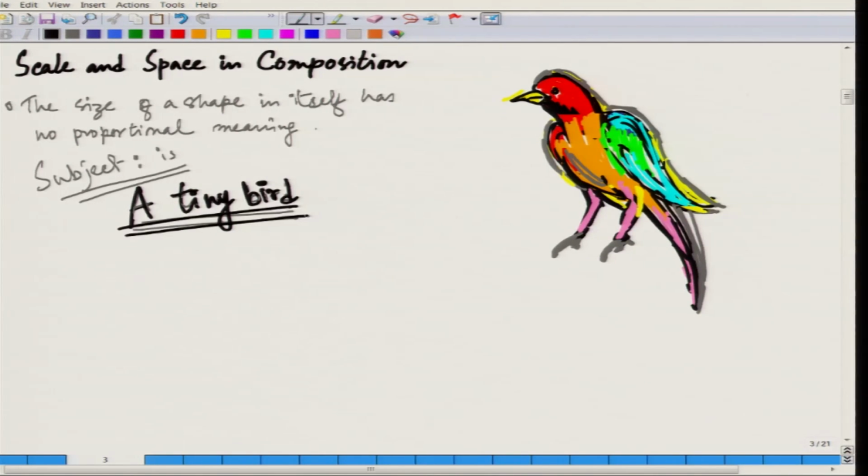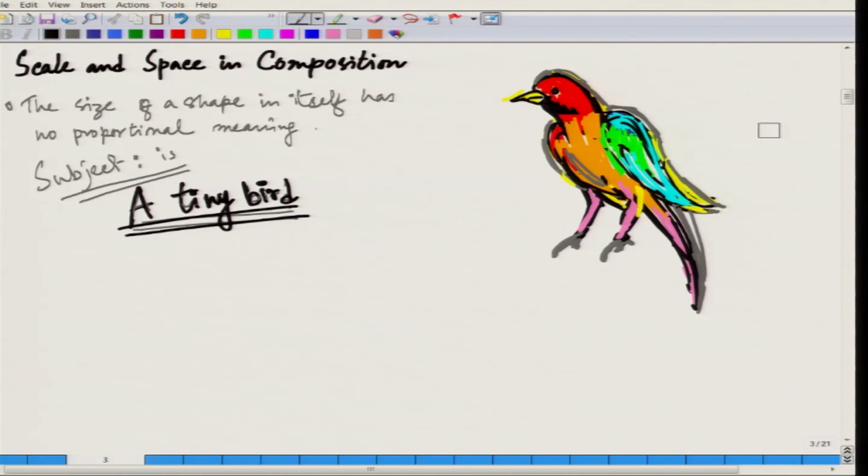What we have drawn in the picture is a bird, but how will we say that this is a tiny bird? The bird looks pretty big.